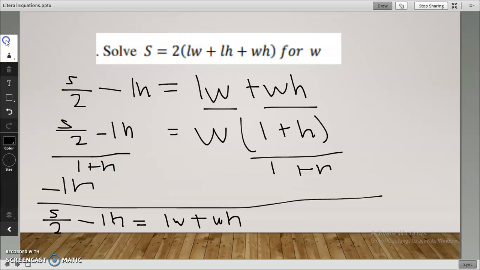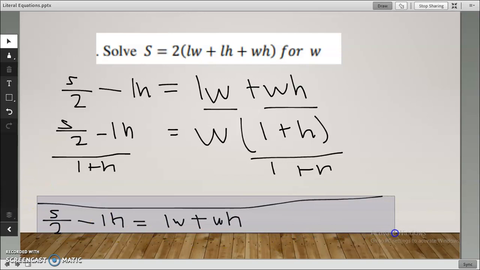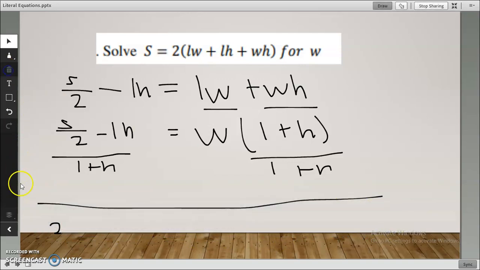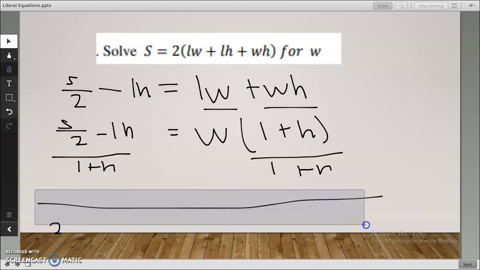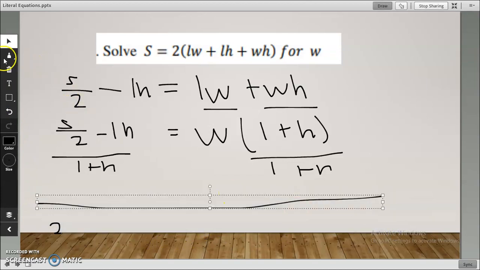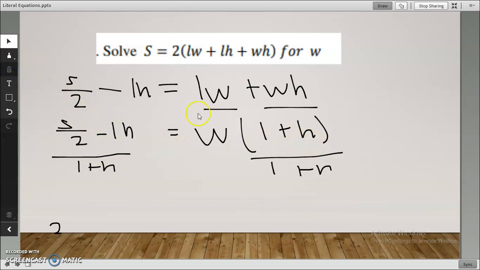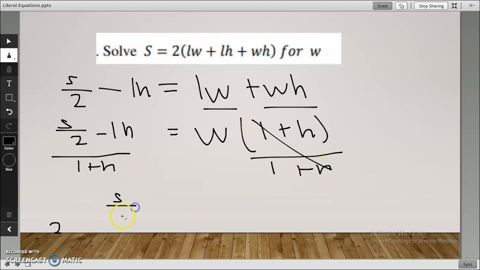I'm going to have to get rid of this so it's not confusing. All right, so my l plus h crosses out, and I'm left with s over 2 minus lh, all divided by l plus h, is equal to w.